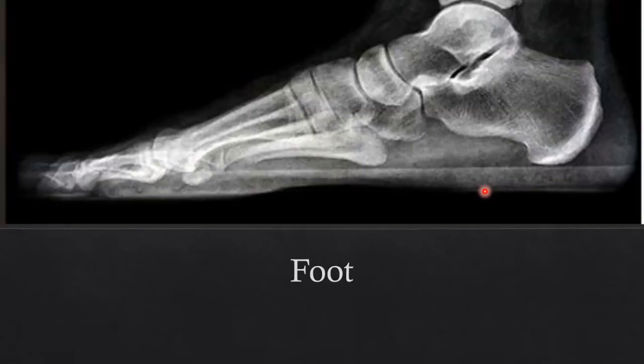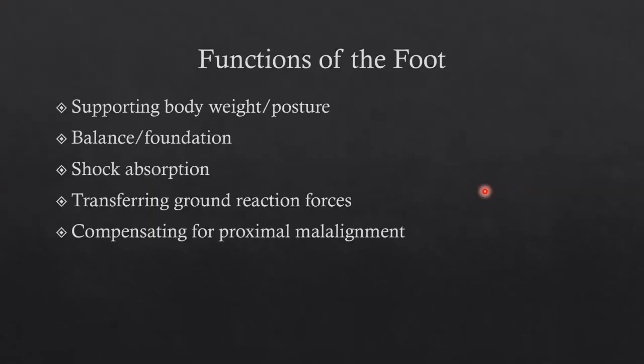All right, moving on to specific mechanisms of the foot. Starting off here with the overall function of the foot. The foot's main job is to support body weight and posture. It obviously contributes to our ability to balance and have some sort of foundation.